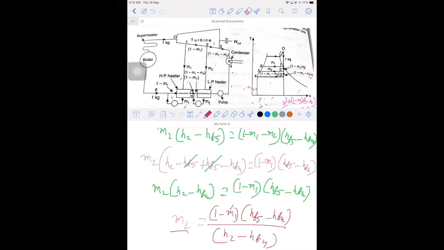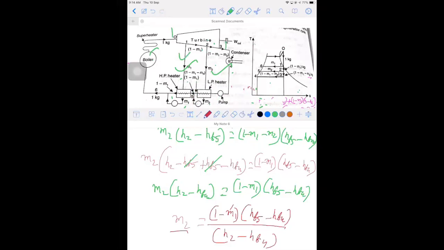Now, in this particular regeneration problem, we have used two heaters, the LP heater and the HP heater. Because of this, whatever heat is produced in the boiler is not going to be fully expanded in the turbine.